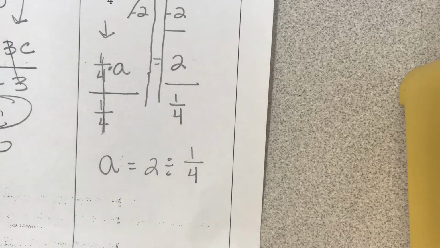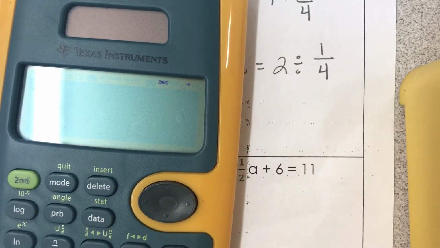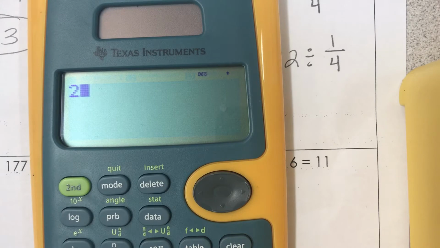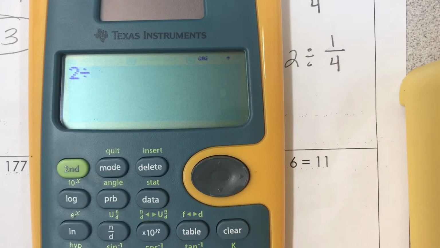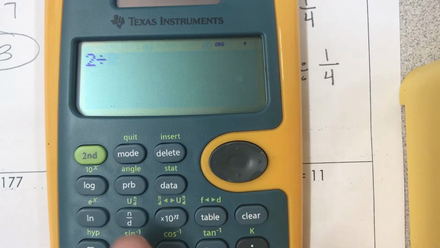If you have your calculator, here's my calculator. I'm going to type in 2 divided by, and to get the fraction, you find this button that has the n over d, numerator over denominator. You will hit that button.